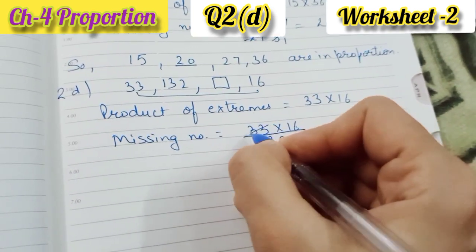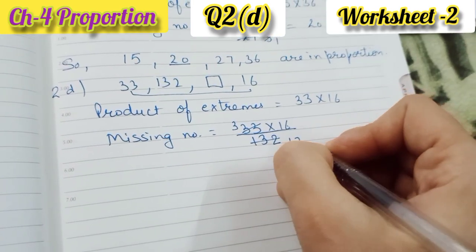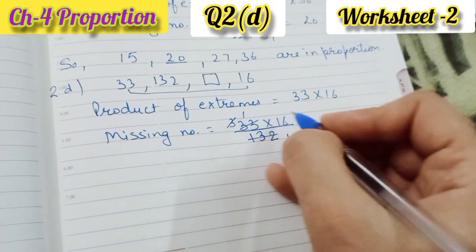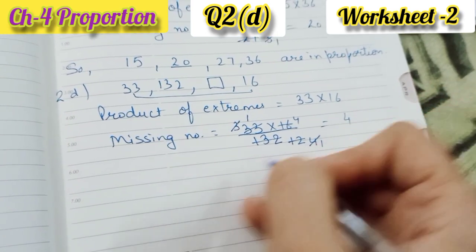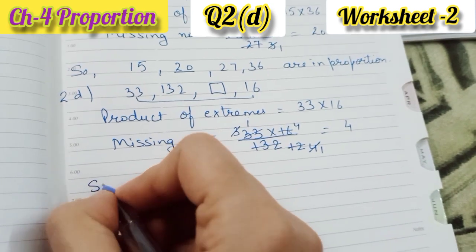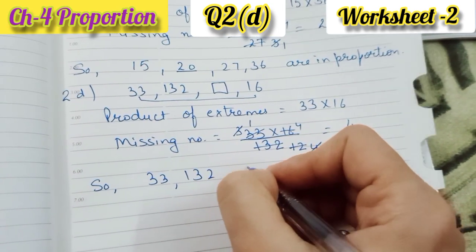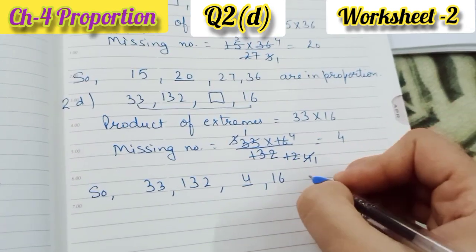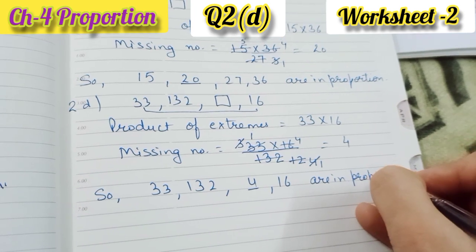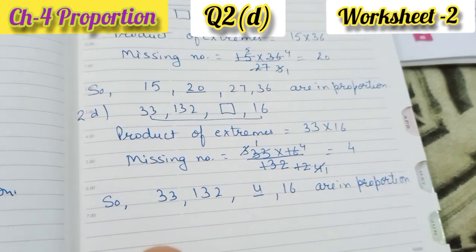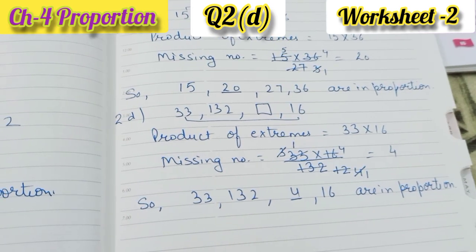Here we will divide: 11 3s are 33, 11 12s are 132, 3 1s are 3, 4 1s are 4, 4 4s are 16. So we get 4 as the answer. So our missing number is 4. 33, 132, 4 and 16. Now we can say that these numbers are in proportion. So this completes your question number 2 also.